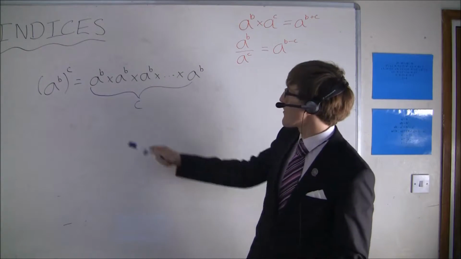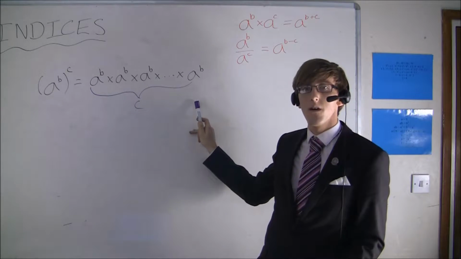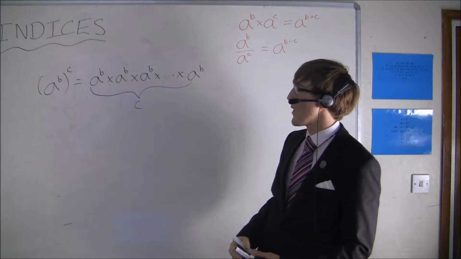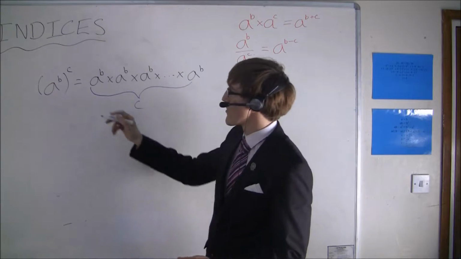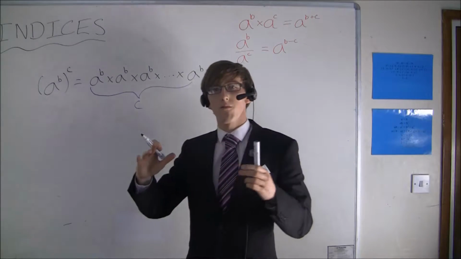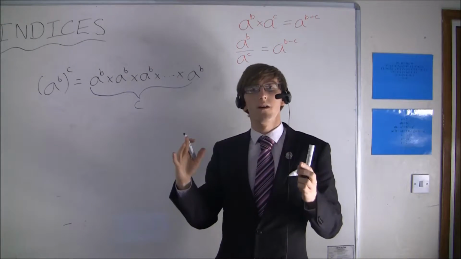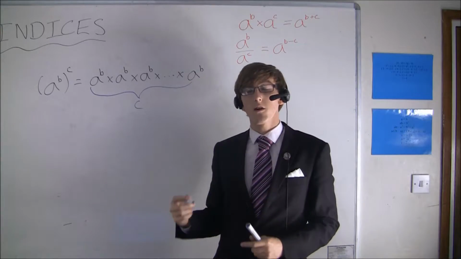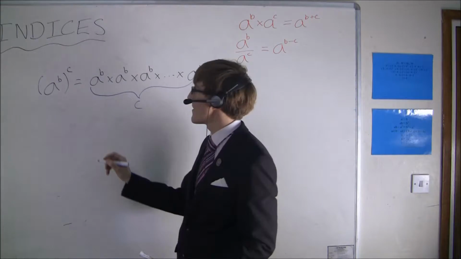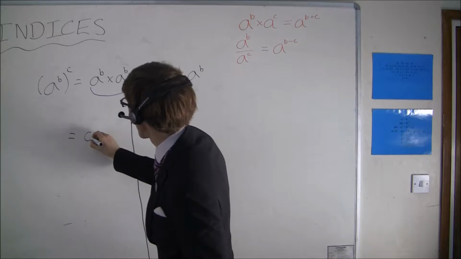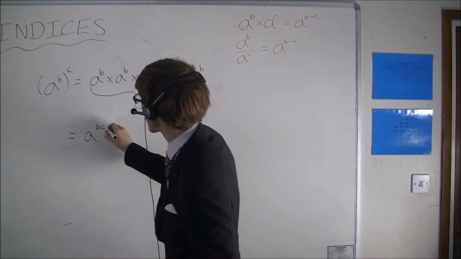So you can see that if we have c of them multiplied together, our final result is a to the power of bc. And that's our rule for this indice. If we have something to the power of something in a bracket raised to the power of something else, you simply multiply those two powers together. So this is equal to a to the power of bc.